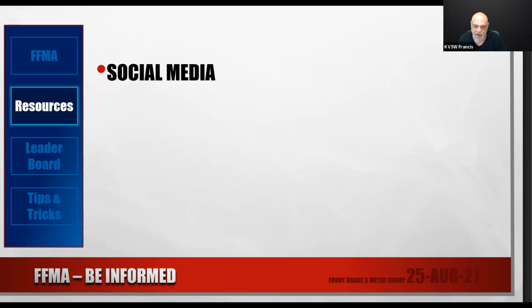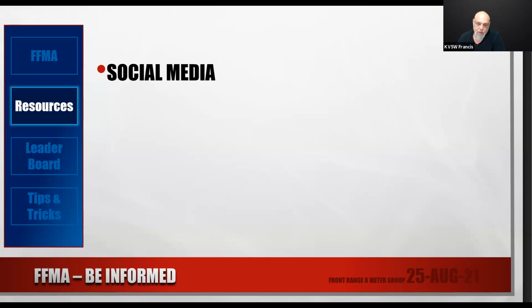Just take what you can from it, learn from it, get your software set up. Follow the rover groups, though. The rover groups have good equipment set up and good ideas on how to do things. They always post where they're going to be during a contest, and they're interested in making contacts with you. So when it comes to Facebook, for sure, follow the rover groups.